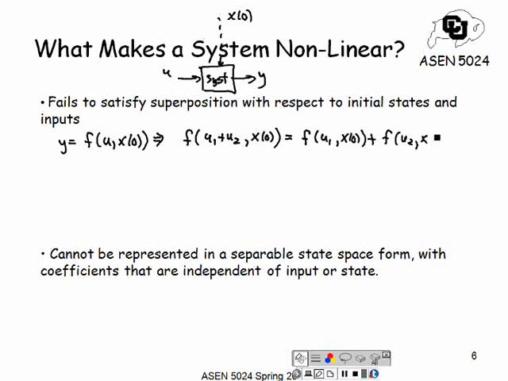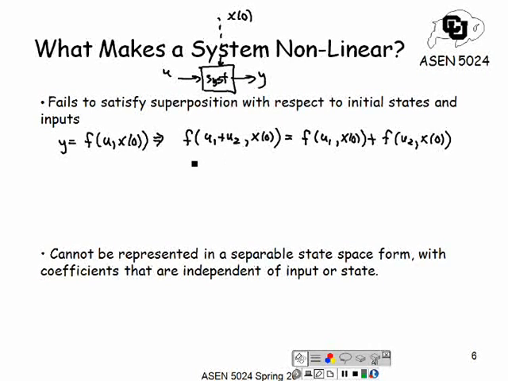So here's the output I get from applying the inputs separately, and I could get the same output as if I put the inputs together into the system. So that's the superposition principle.